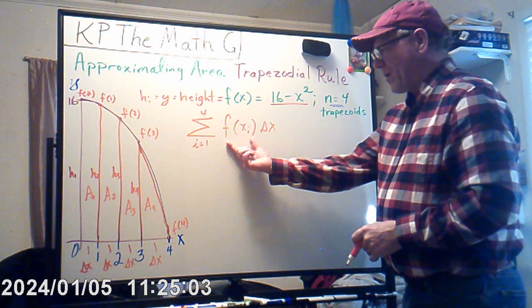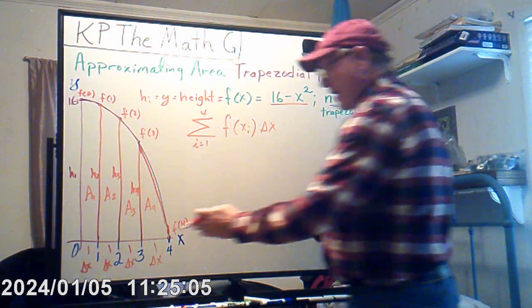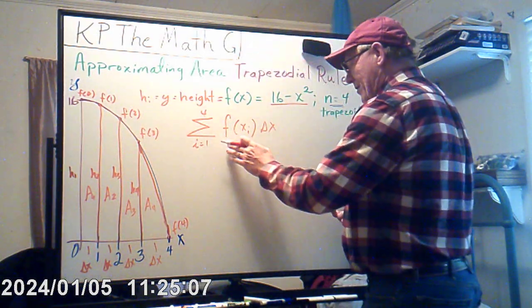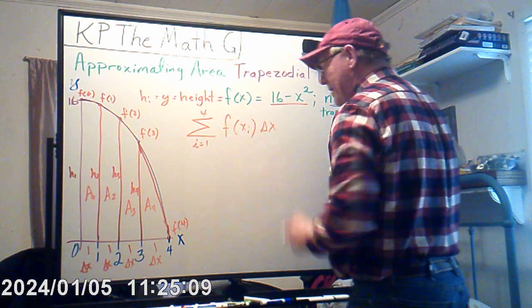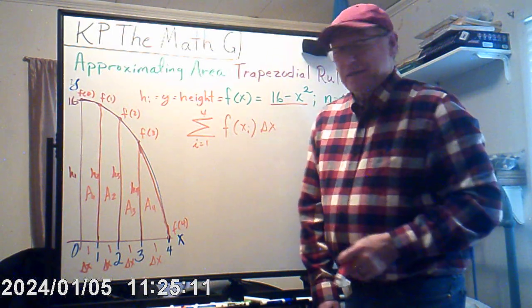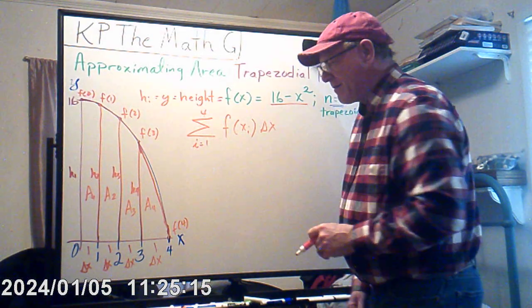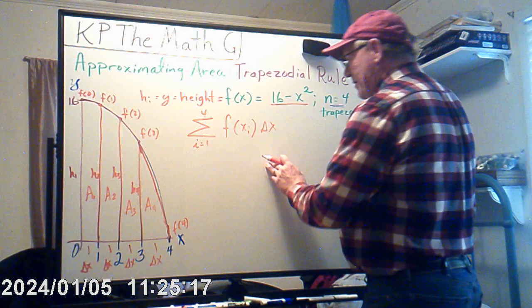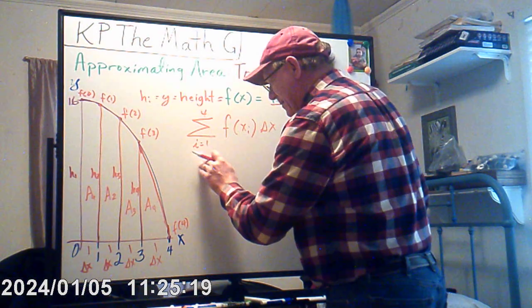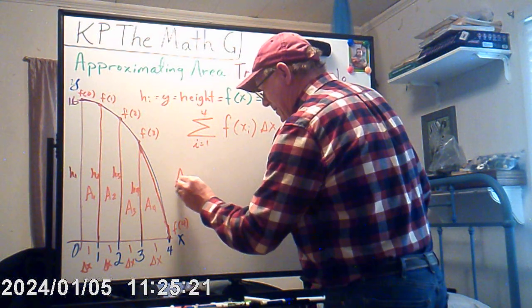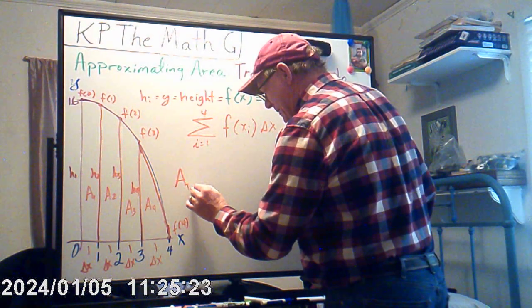We're going to sum up all these f's here, and also the delta x we already know to be 1. That's the summation symbol there. So this is what we're doing. So the area of a trapezoid.